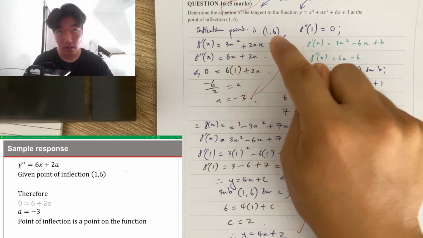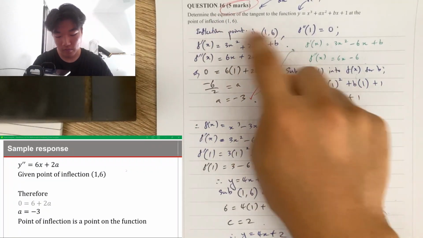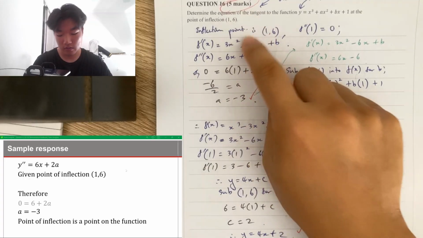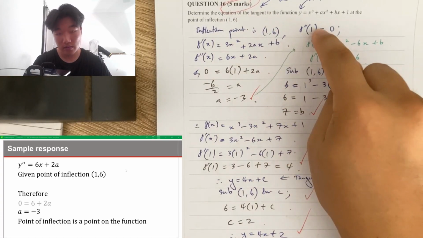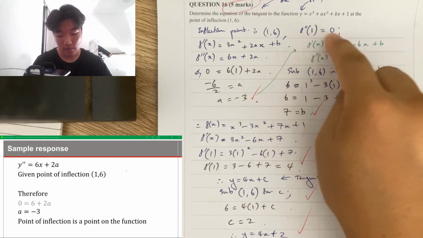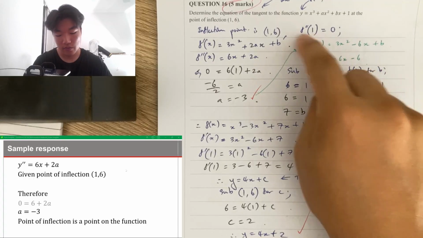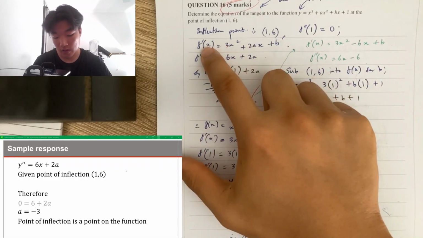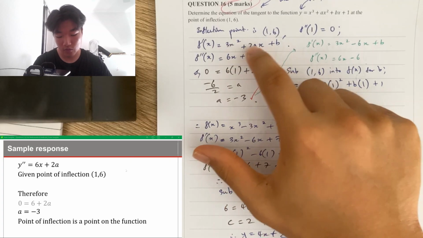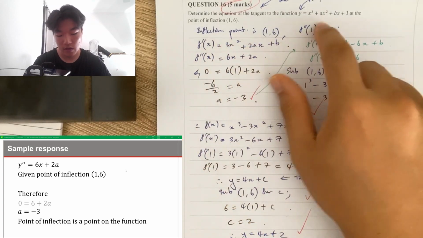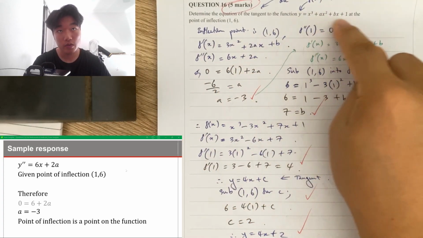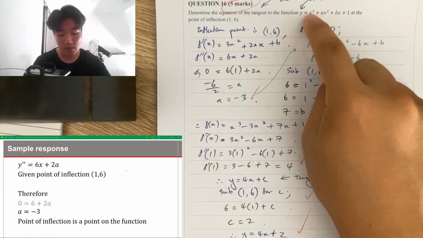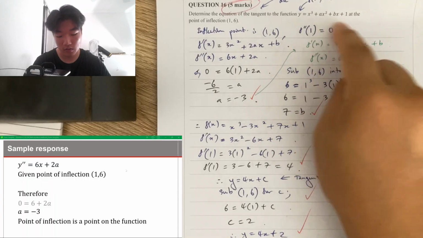So I first stated the information, and then I said that the second derivative at x equals 1 must therefore be 0. So I derived the function, and the first derivative becomes this. We're using the shortcut method, deriving each term individually.